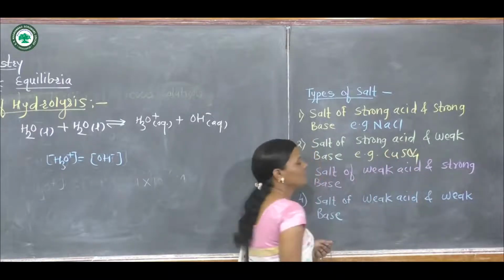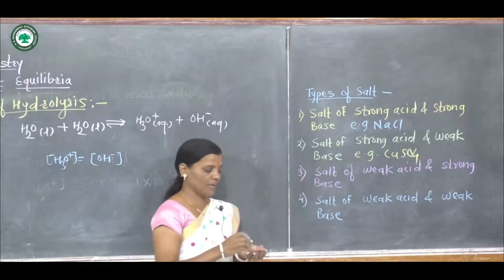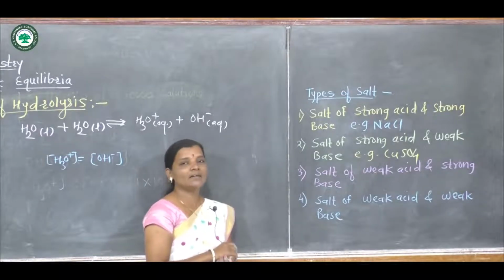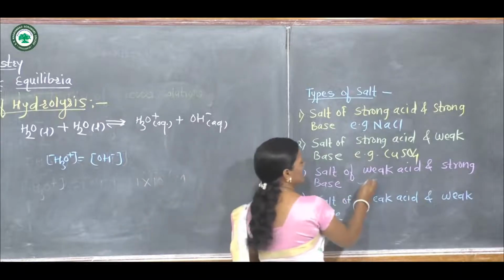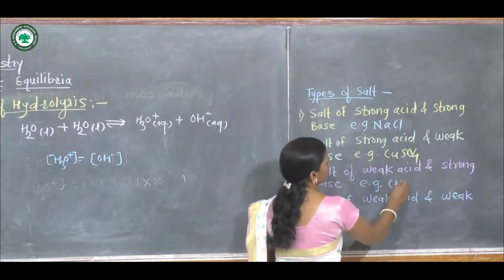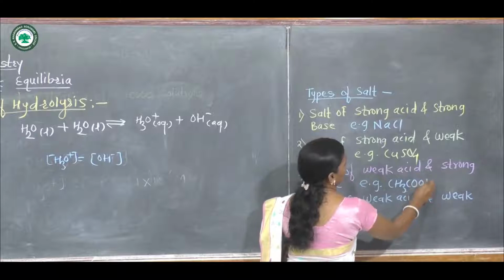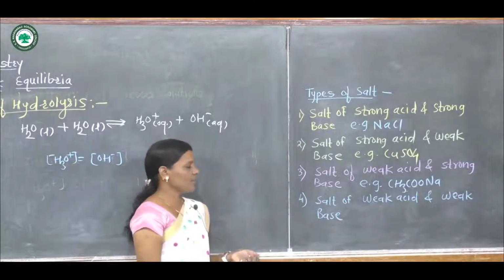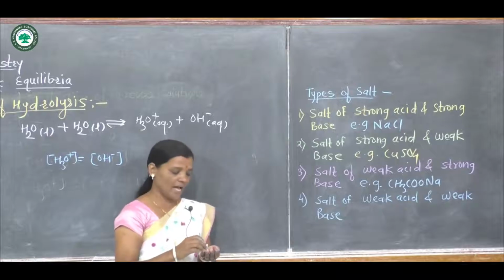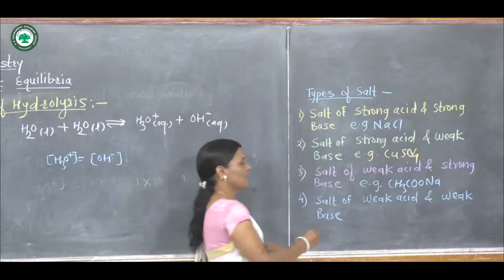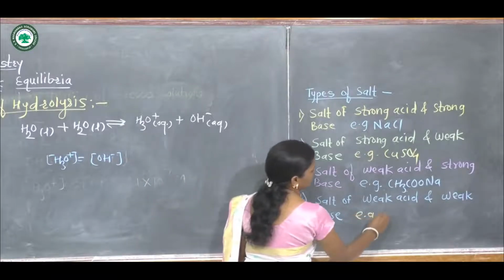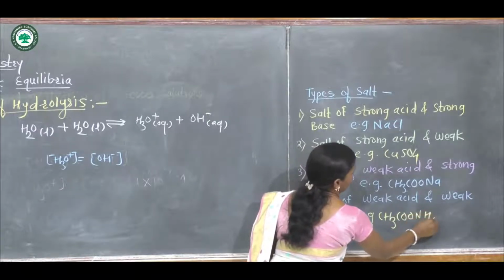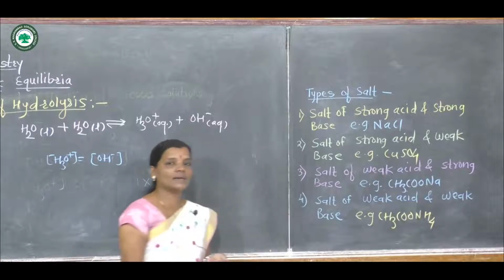The third type is the salt of a weak acid and a strong base, for example, sodium acetate. And the last type is the salt of a weak acid and a weak base, for example, ammonium acetate. These are the four types of salt.